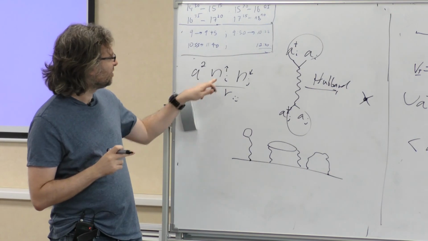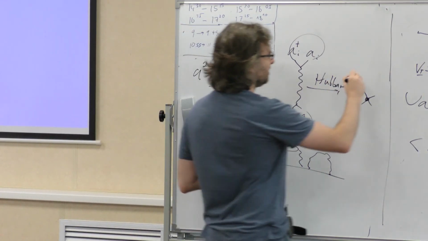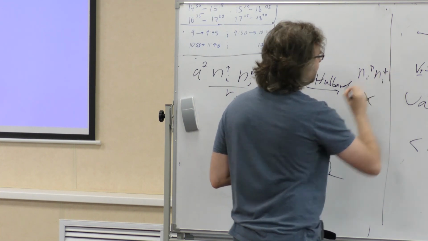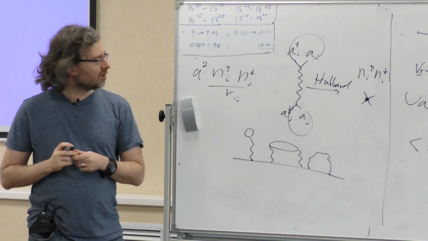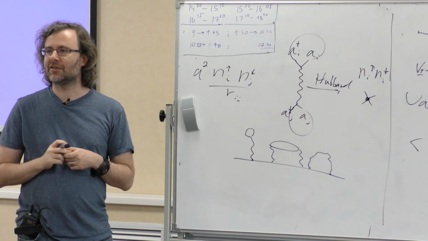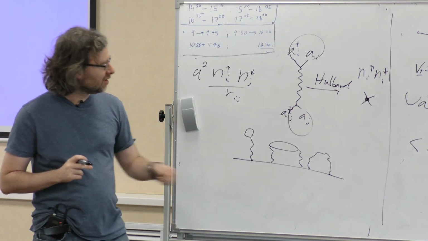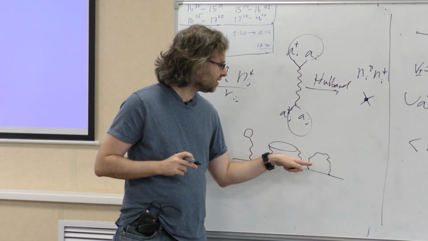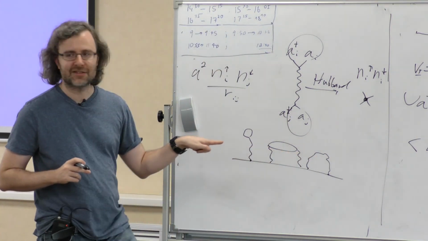Why is that? Because i is always equal to j, so you have n_i up, n_i down. So you actually have fewer terms appearing in the series for the Hubbard model. You don't have this term, for instance. That diagram, which is called the Fock diagram, cannot exist.